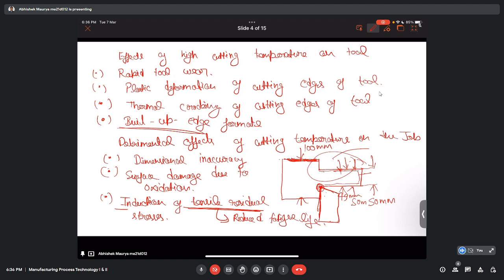So the fatigue life of the component will become smaller and the component will fail prematurely. So that is not desirable at all. So these are some of the effects because of the temperature rise.